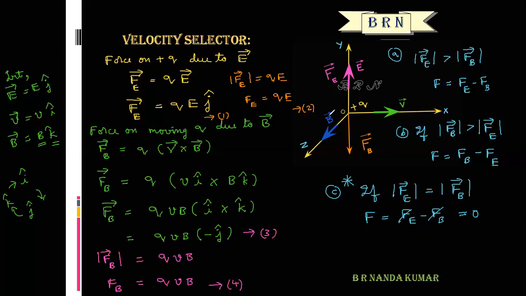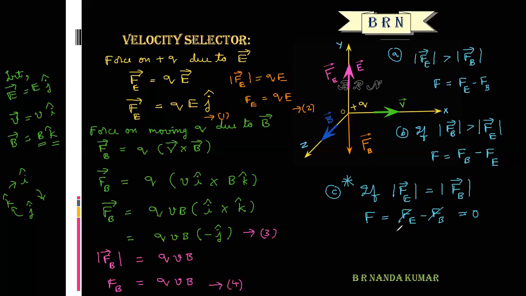If a charged particle enters in the presence of both electric and magnetic field, and the electric field strength and magnetic field strength are both equal, so FE is equal to FB. Then the charged particle moves along the same direction. It does not experience any force. So in this case, FE is equal to FB.